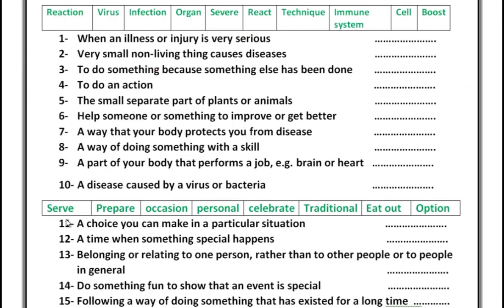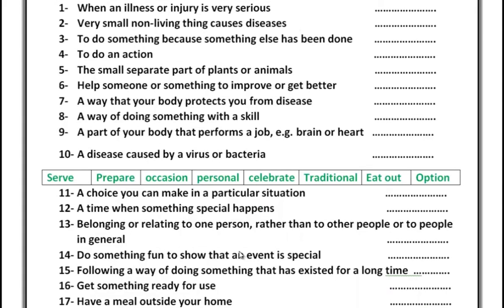Now we have the words serve, prepare, occasion, personal, celebrate, traditional, eat out, and option. A choice you can make in a particular situation: option. A time when something special happens: occasion.